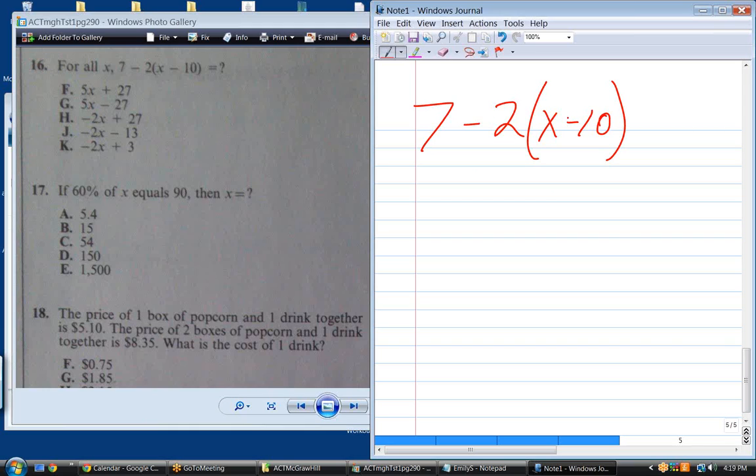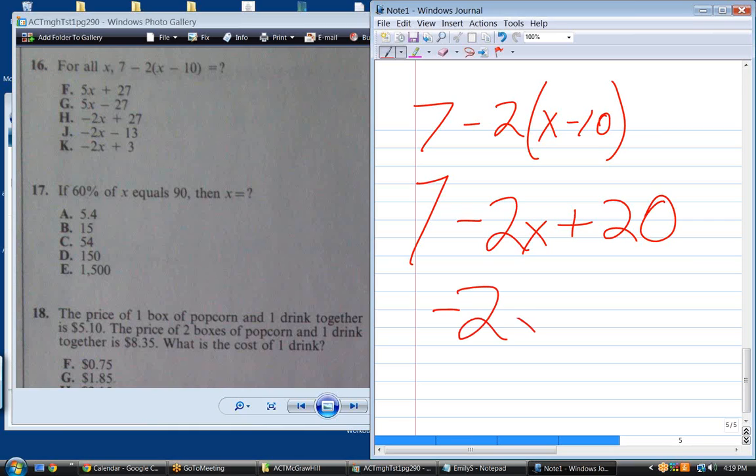So let's remove these parentheses. What do we get? It would be 7 minus 2x plus 20. Simplify further. You can do negative 2x plus 27. Okay. That is H.